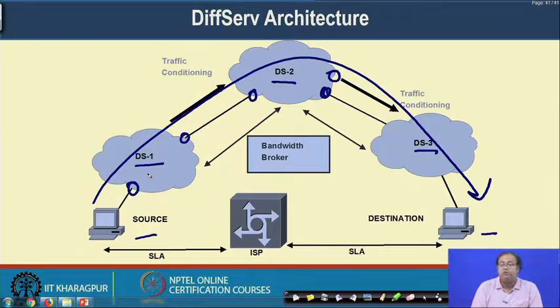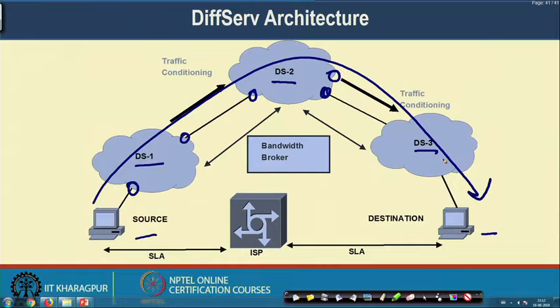you try to make an estimation about what the end-to-end quality of service requirement is and how much quality of service it has already obtained. Now, remember these individual DiffServ domains can be different service providers in the internet.